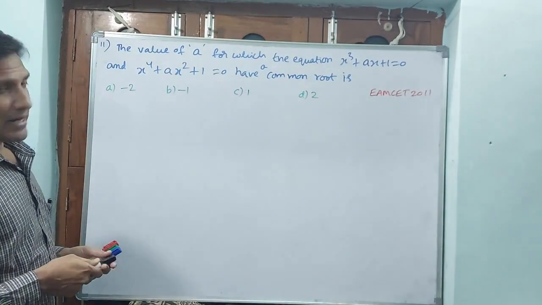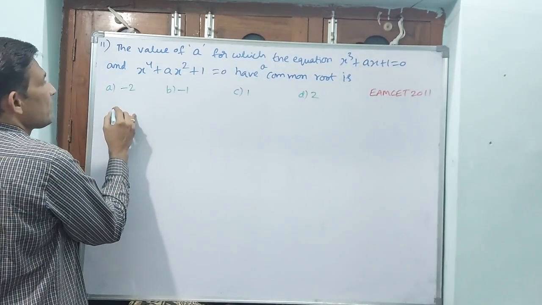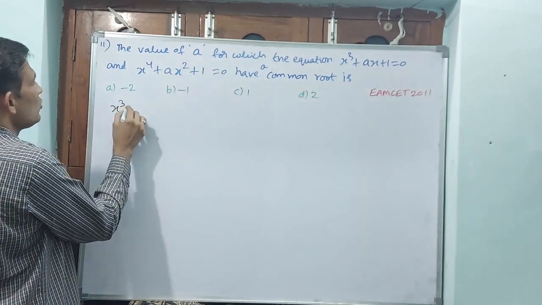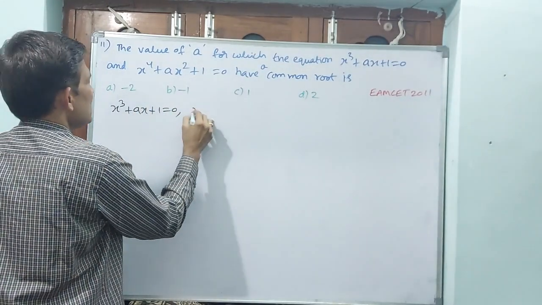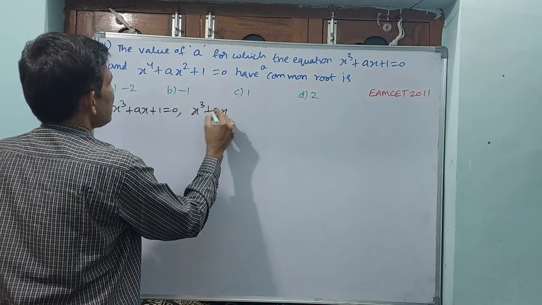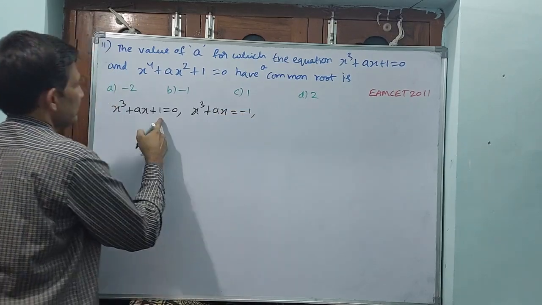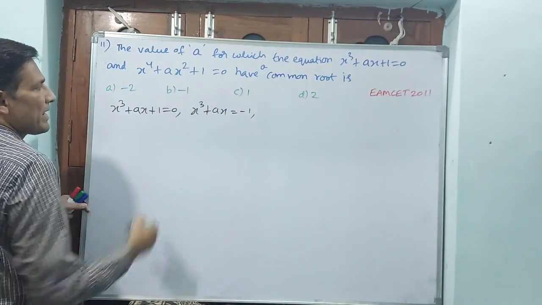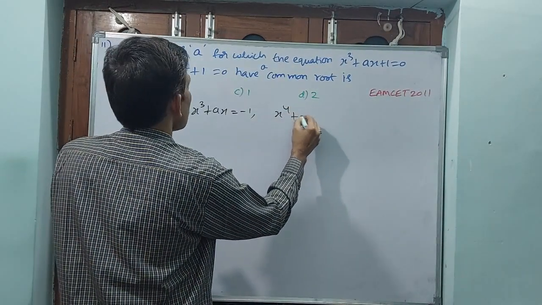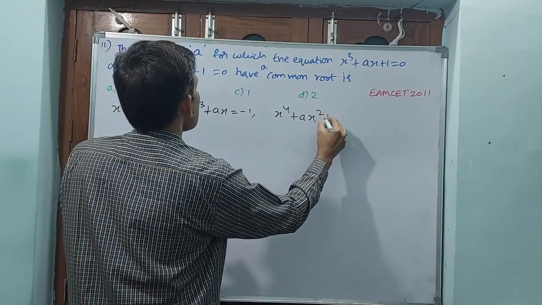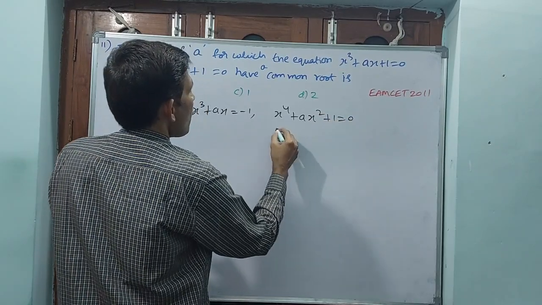See what I am doing. Let the first equation be x cube plus ax plus 1 equal to 0, or else x cube plus ax is equal to minus 1. Then write the second equation also: x to the power of 4 plus ax square plus 1 equal to 0.